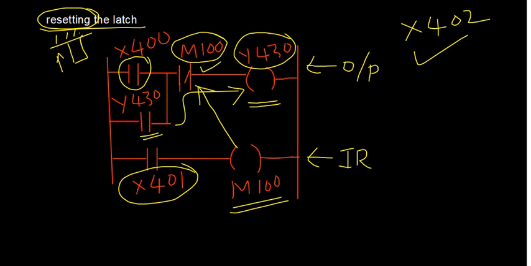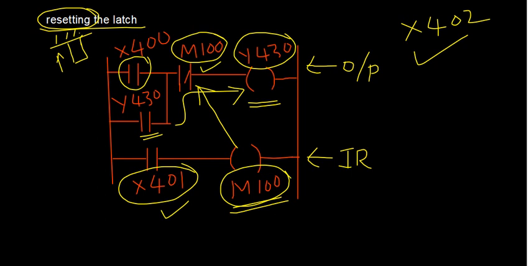But here in this case, the same task is completed with the help of one more switch, that is X401, and the internal relay. Now you may ask, with the help of only one switch it is possible for us to operate or reset the latch.